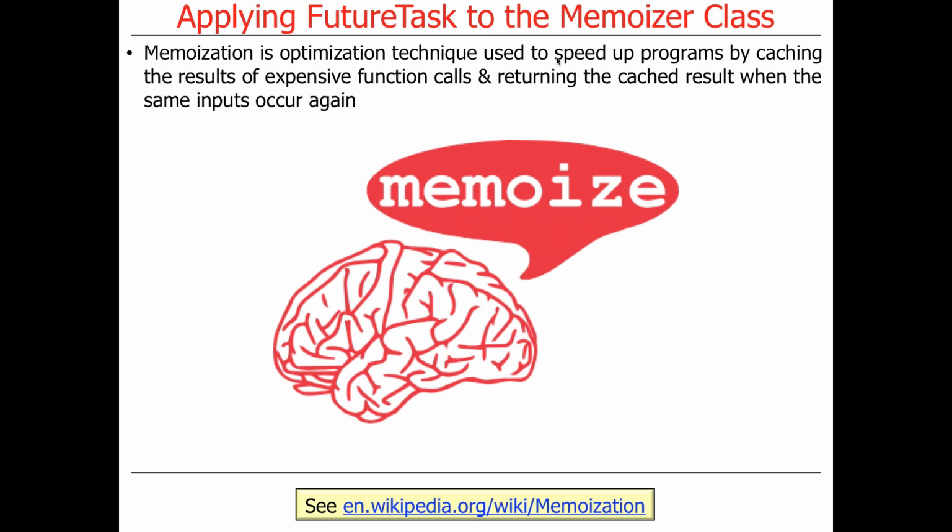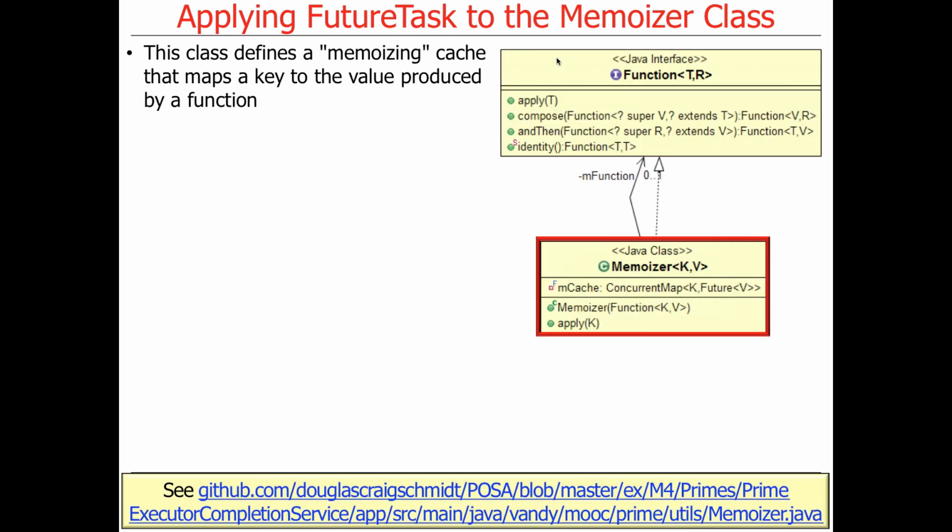And you can use it to speed up programs by caching or storing the results of expensive function calls. And rather than rerunning them again, you can basically just return the results if the same key is looked up. So we're going to use memoization in some pretty cool ways here in just a second, as you'll see. But before I talk about how we're going to use it, let's talk about the Memoizer class.